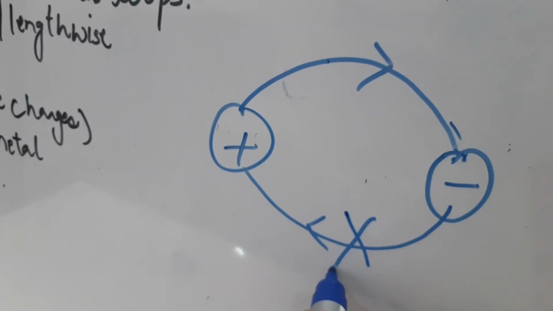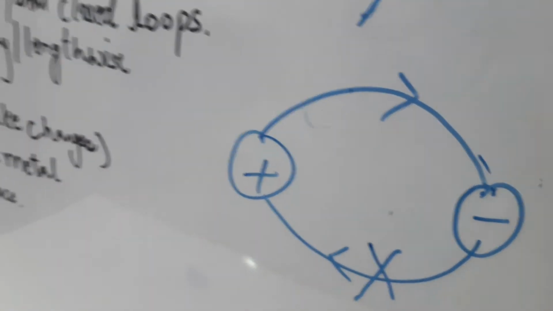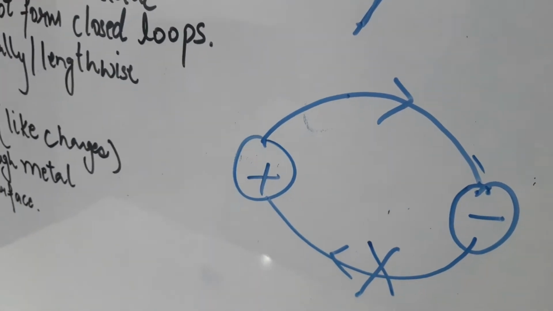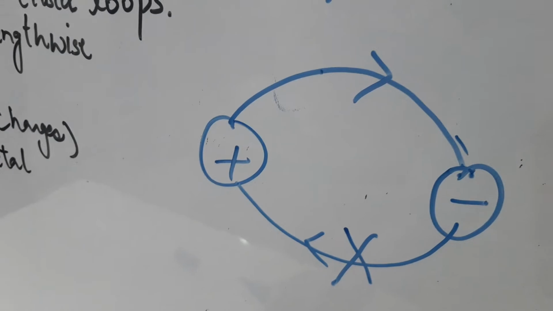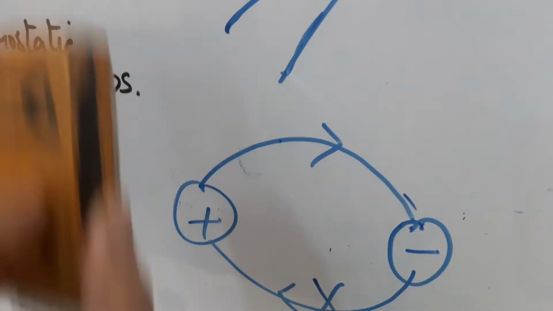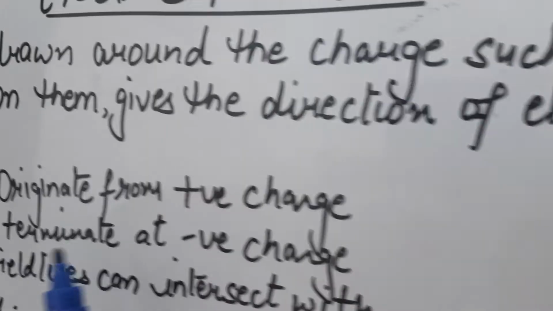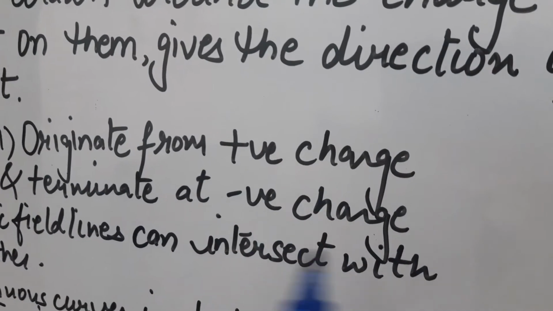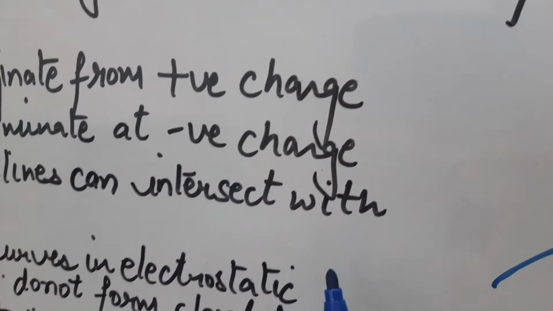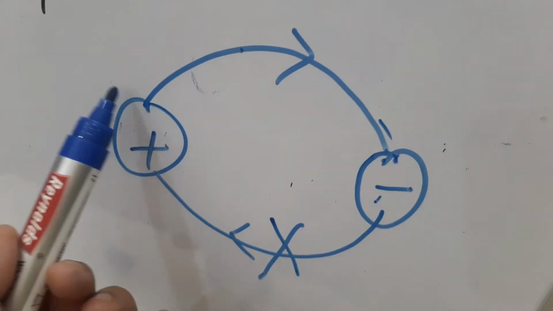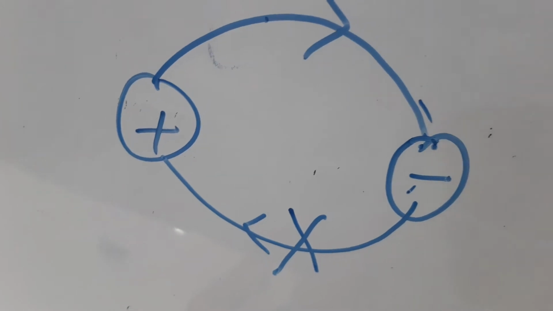This is not possible because electrostatic forces are conservative forces. They have a conservative nature, right? Moreover, we have just done in the first point that they originate from the positive charge and terminate at the negative charge; it is never the case that the negative charge will have an electric field line originating from it.